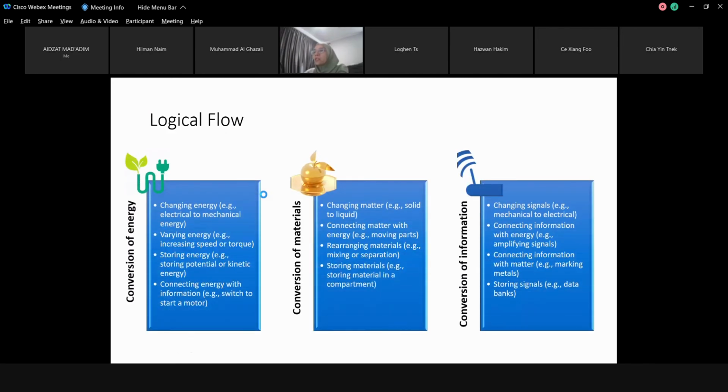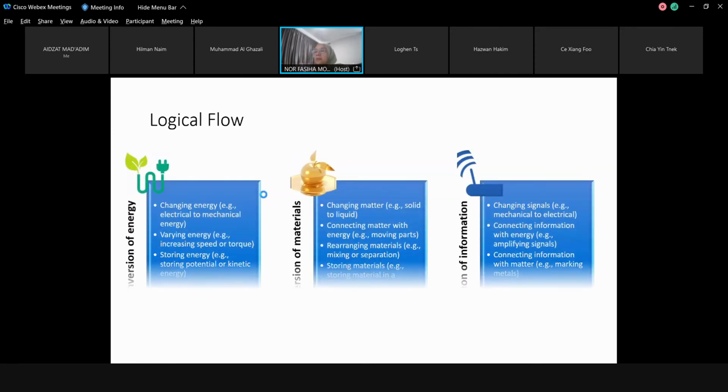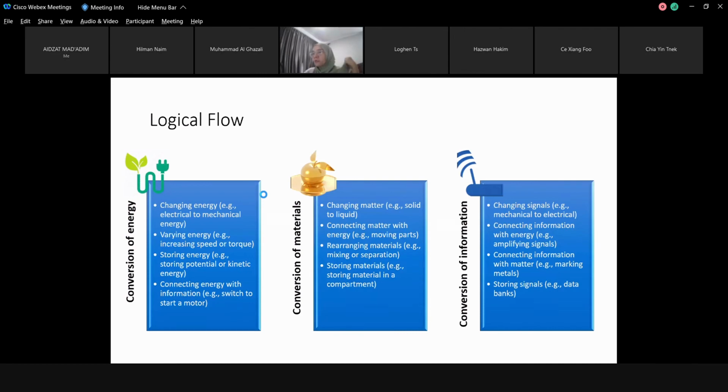So that logical flow that I just showed you: the logical flow of energy, material, and information. An example of conversion of energy in a product is from electrical to mechanical, or varying energy, increasing speed or torque.